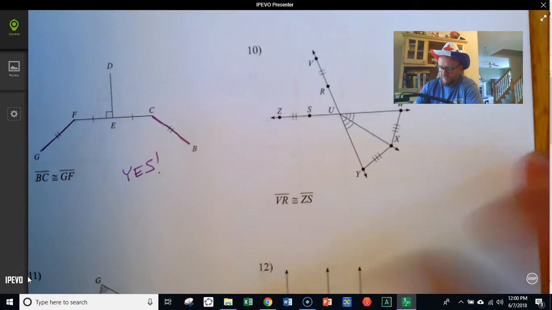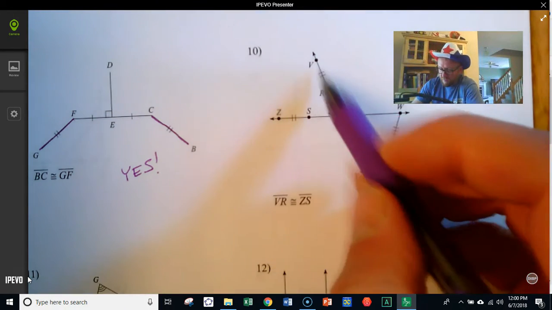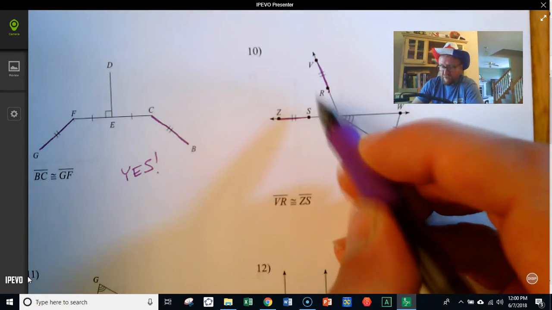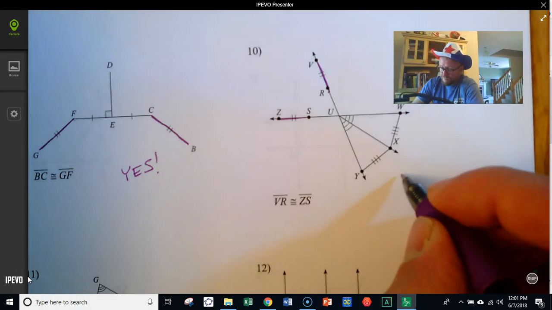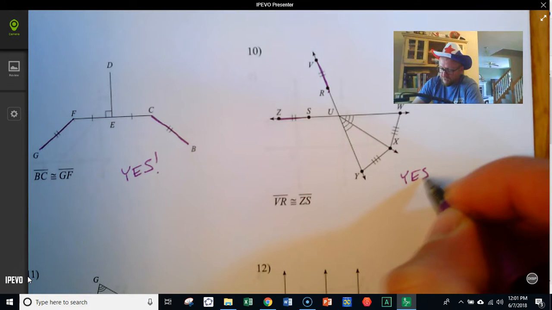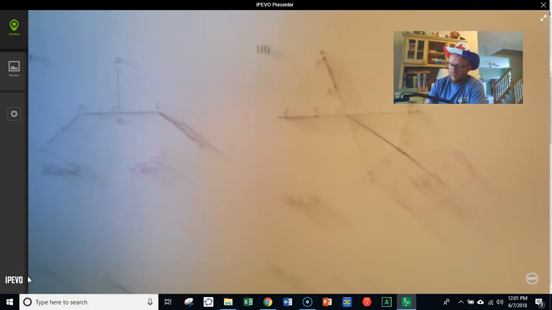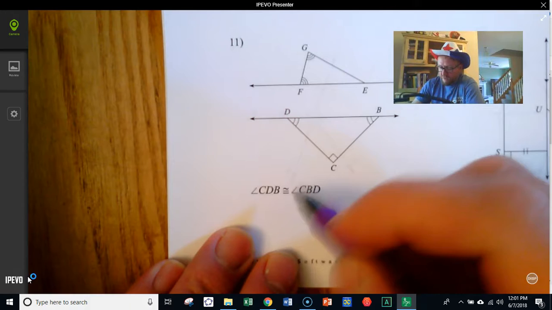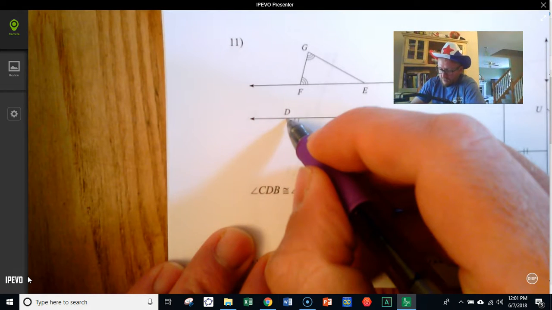All right, VR, that's segment VR, that's right here, is congruent to ZS. And you see again, they have the same number of tick marks on them, so that means that they are congruent. So yes, the diagram does say that. Okay. See down here it says that angle CDB, so it's this angle right here.